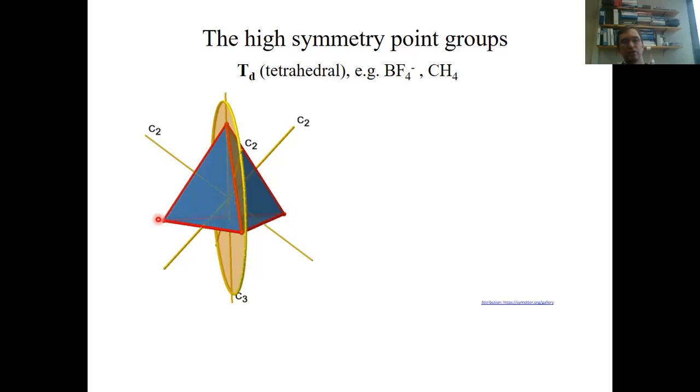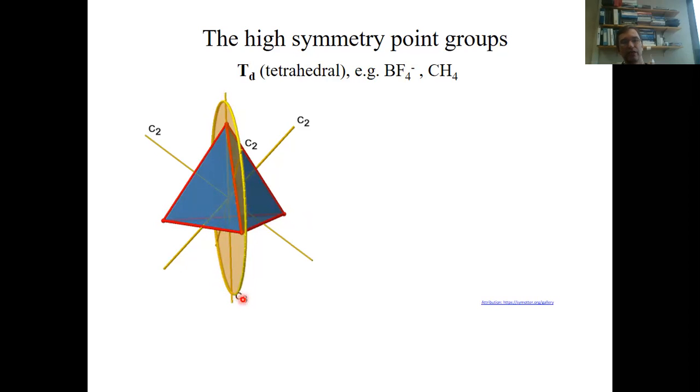You can see that this swaps these 2 vertices of the tetrahedron. These 2 vertices here do not change their position. Now you see that this mirror plane contains the principal axis.